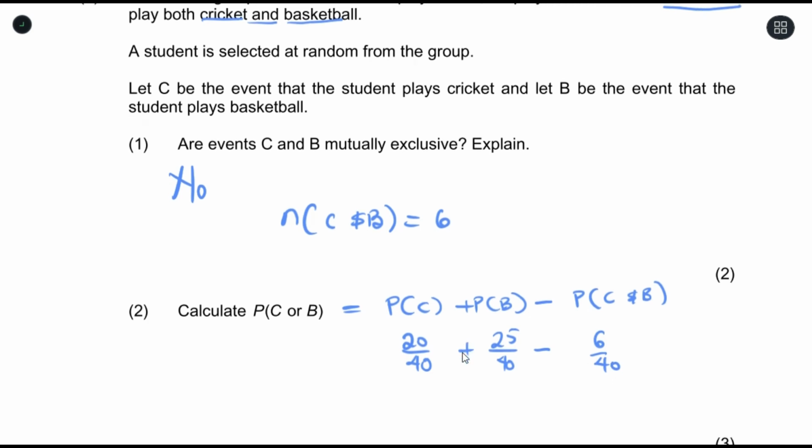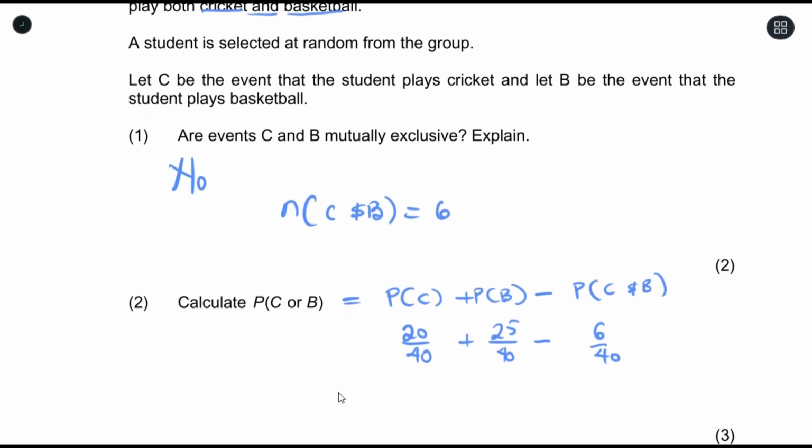If you put all this in your calculator, you will get the probability of cricket or basketball to be 39 over 40. And that's exactly what they wanted you to do.